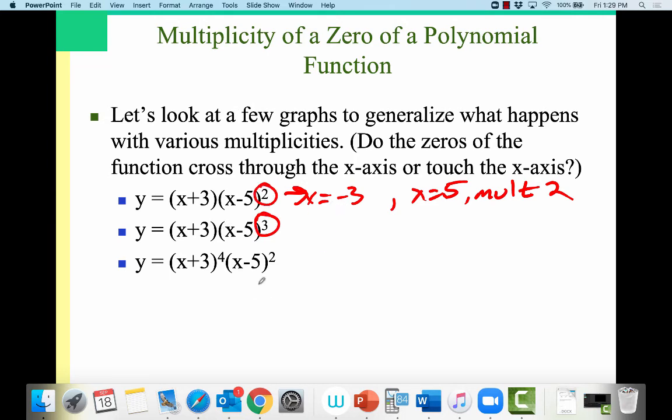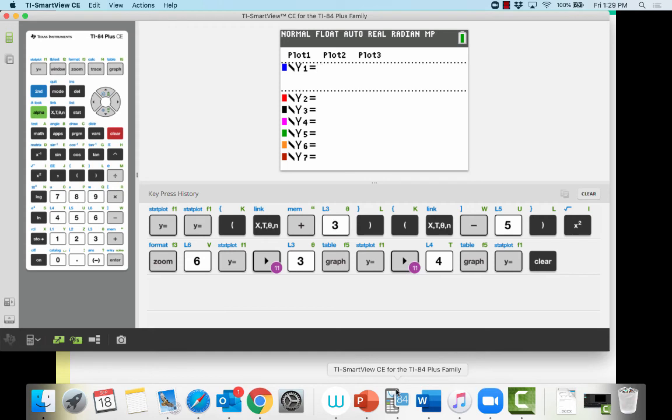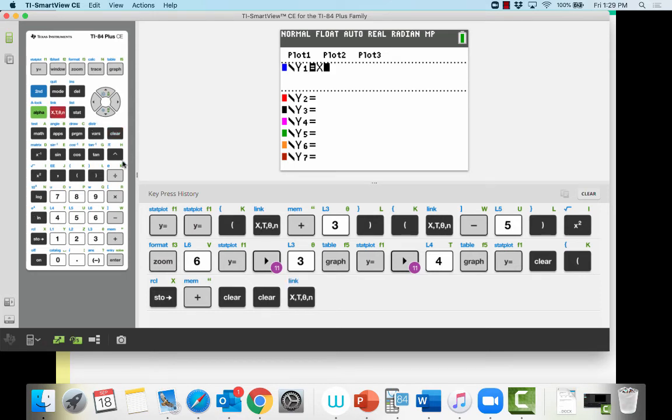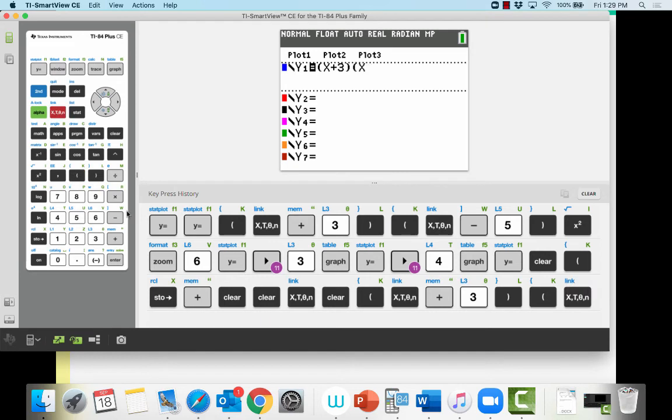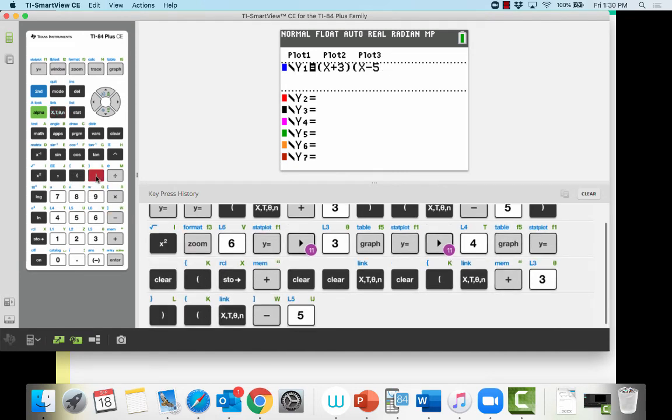So let's look at our grapher and say x plus 3 and x minus 5 squared.